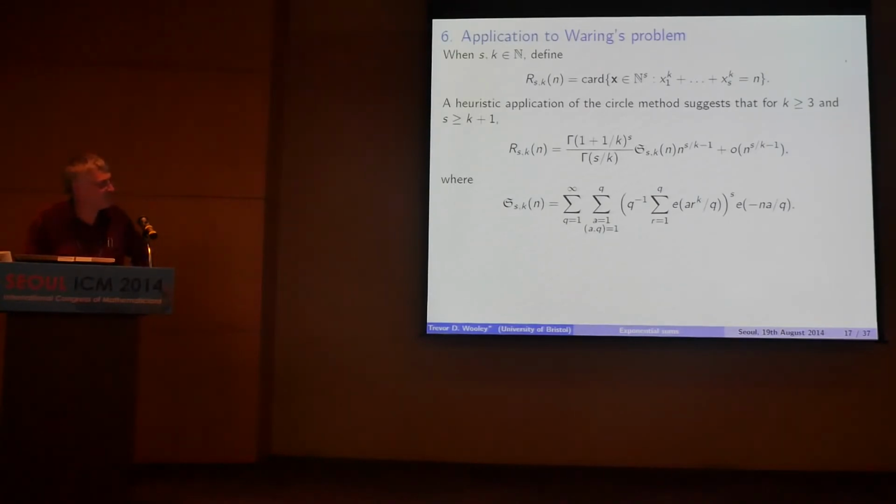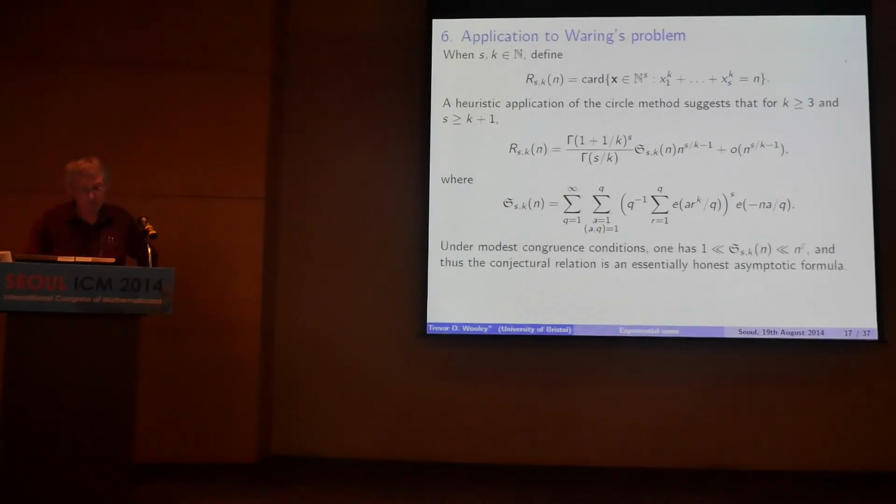And then there's this other object, which is a bit harder to understand, the singular series, which is actually a product of p-adic densities, so it's very well understood, and a growth rate like n to the s over k minus 1. So under reasonable conditions, some congruence conditions in particular on n, the number of representations is expected to go to infinity roughly like n to the s over k minus 1, as soon as s is at least k plus 1.